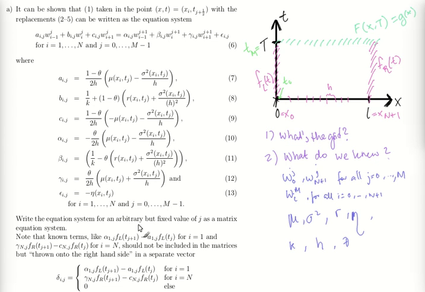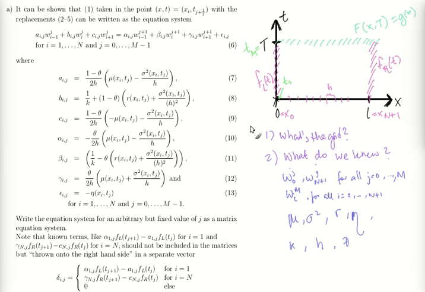And then they ask us to write up the equation system for an arbitrary but fixed value of j as a matrix equation system. You've worked a lot with matrix equation systems in the previous weeks as well, and from week 5 there's also a quick how-to video on matrix equation systems if it's a bit rusty. The main point here is not to get confused about what's going on and just keep asking yourself, what stuff do I know? What stuff don't I know?